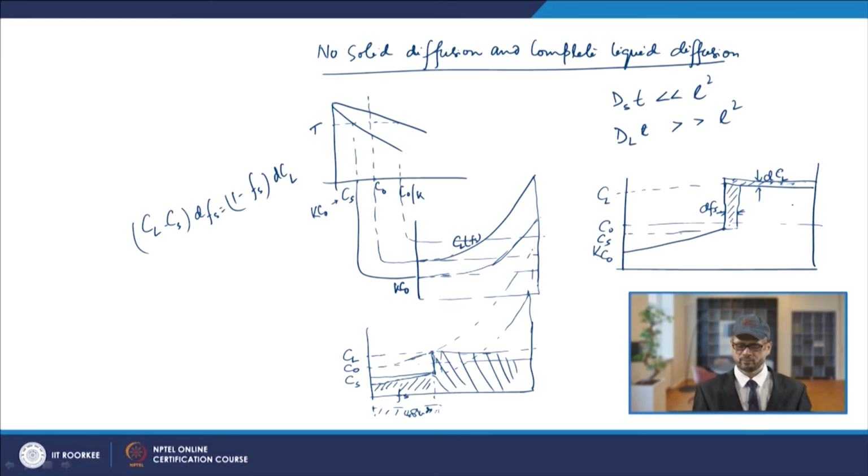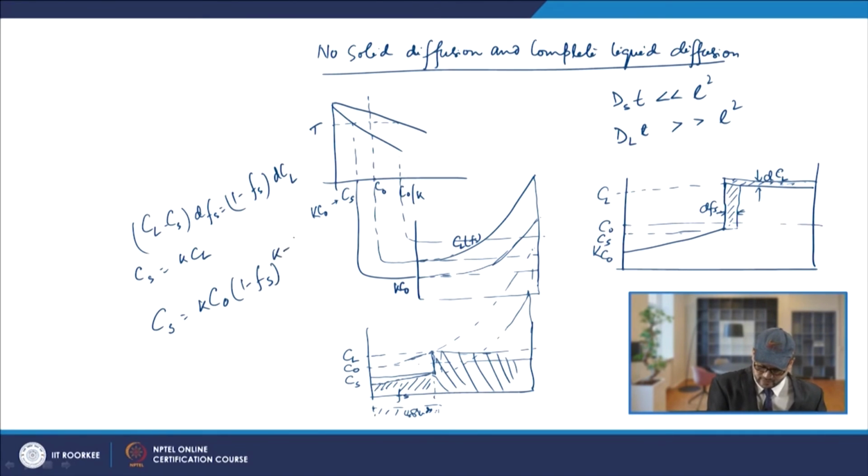Now, in this case, if CS is taken as K CL, and if you integrate these equations with CL equal to C naught at Fs equal to 0, the equation you get is CS equal to K C naught into 1 minus Fs raised to the power K minus 1, or you also get CL as C naught into FL raised to the power K minus 1.